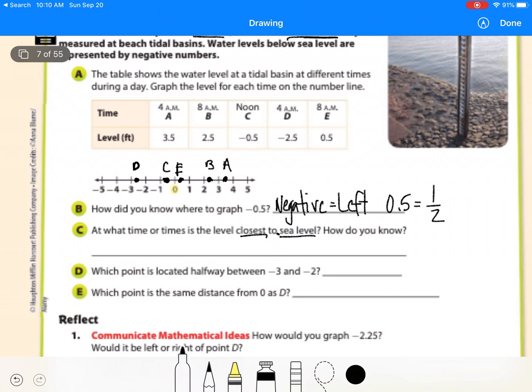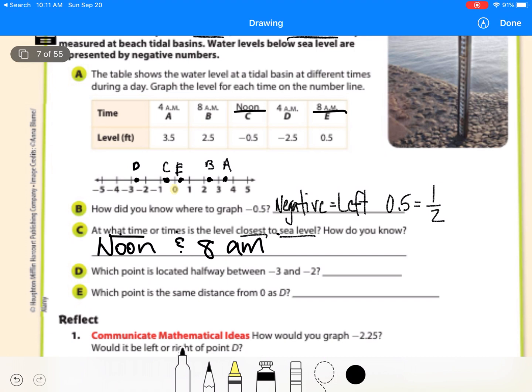Which points are the closest to sea level? So C and E, which is noon. I see that right here above C, and 8 a.m. Because it said at what time. It didn't say what number, what letter.